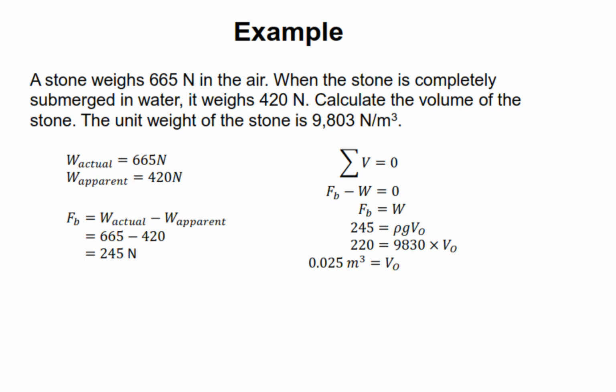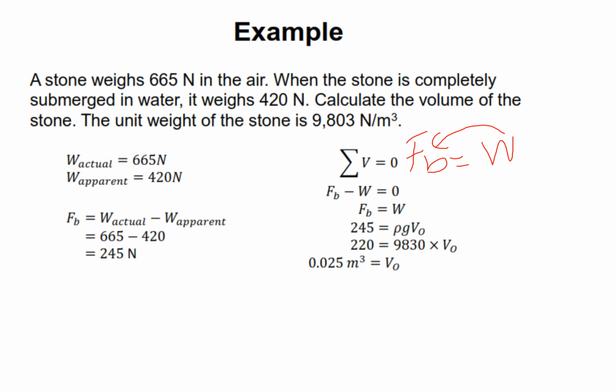Okay, so we have W actual and W apparent. W apparent is inside the water. So we take W actual minus W apparent. So the difference is 245 Newton. Okay, then we do the sum of vertical forces is 0. So Fb equals to W. Then you bring W to the right side, so Fb minus W is 0.